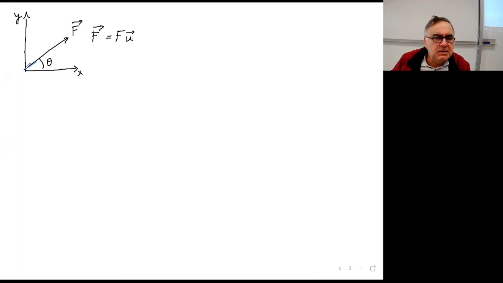But we know that this is the unit vector. From complex numbers that actually we can write it as F times e to the i theta. Okay, this is the unit vector. Or another way of writing this is the phasor notation, F and theta. Okay, F with an angle of theta.